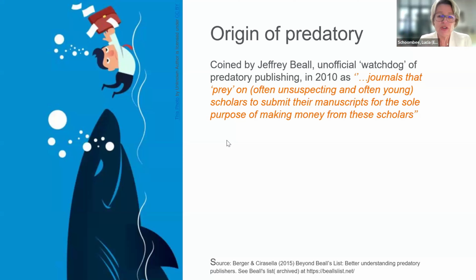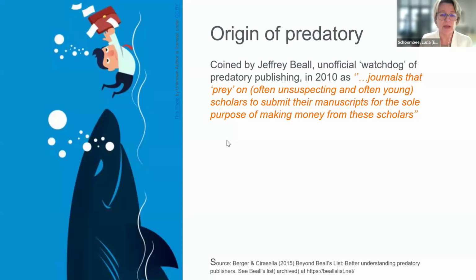His definition of predatory was journals that prey on often unsuspecting scholars to submit their manuscripts for the sole purpose of making money from these scholars. So he created this website. He published all the journals and the publishers that he was concerned about on this list.